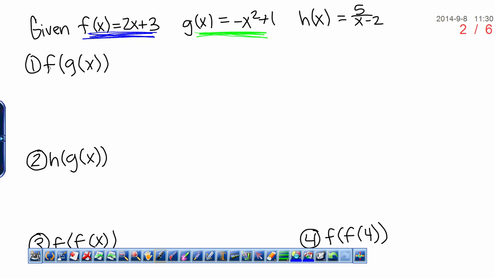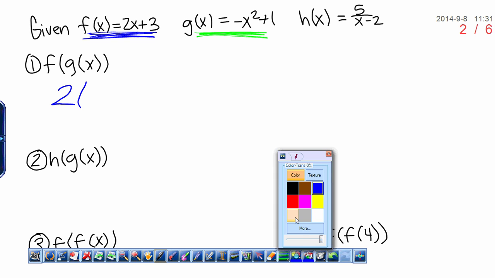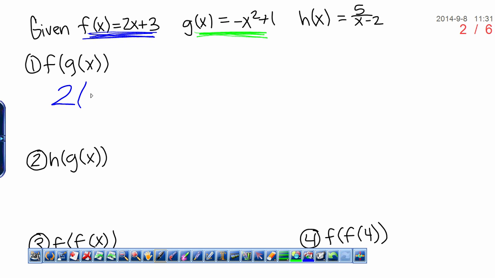So where I see an x, I'm going to replace that x with g of x. So the 2 is still going to be there. It's 2 times, in this case it was x, but what are we going to plug in for x? Good. We're plugging in g of x, negative x squared plus 1.